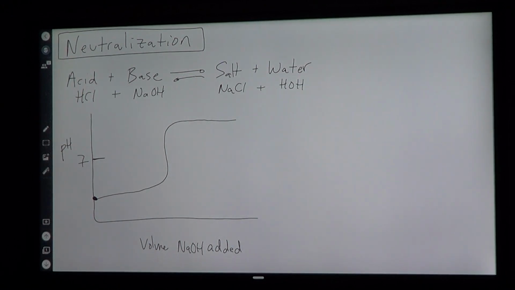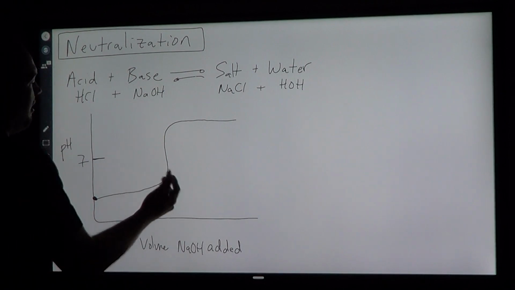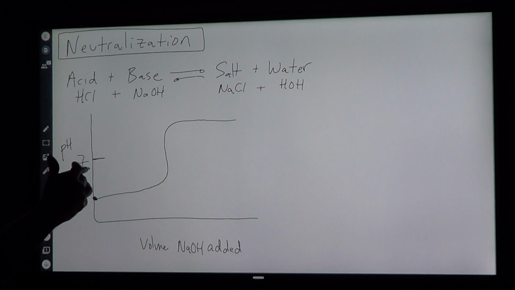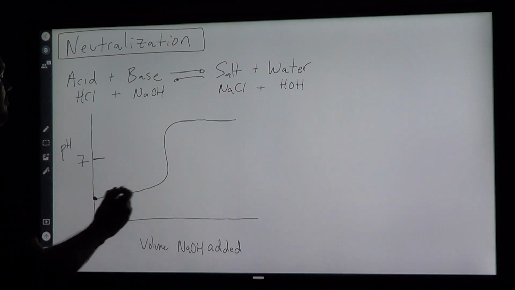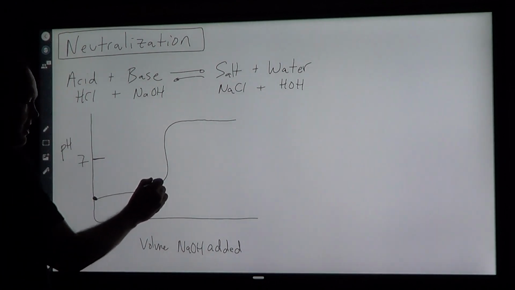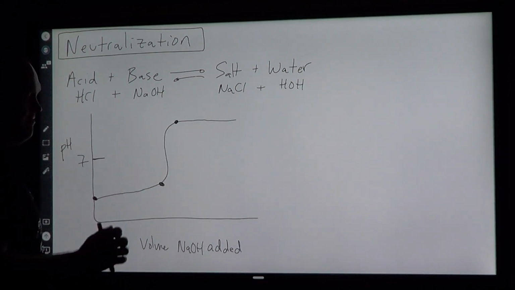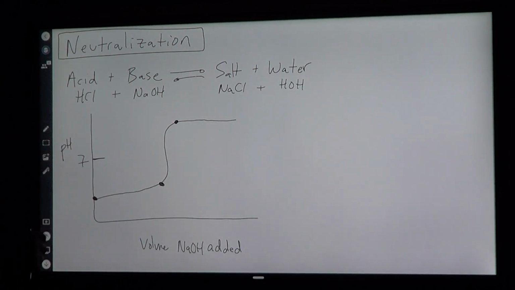It becomes very, very steep very quickly. So you have to be very careful when you're doing this. In the virtual lab we have to do this on, if you go too far, 1 milliliter can take you from way down here all the way to way up there. So you've got to do it very, very carefully.